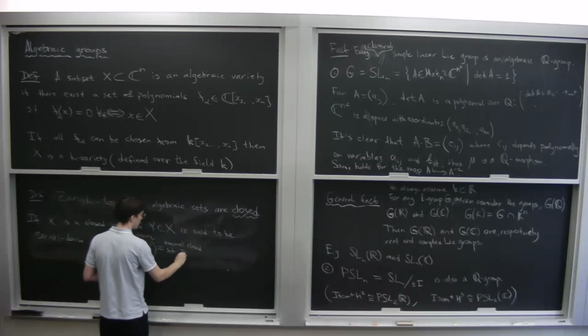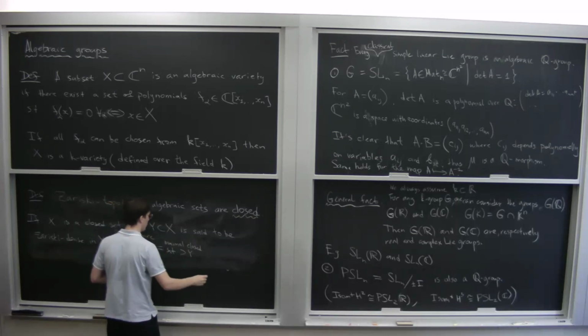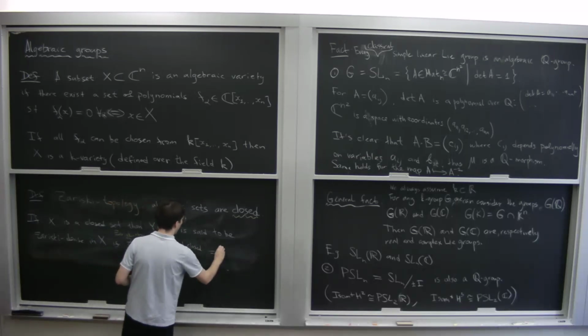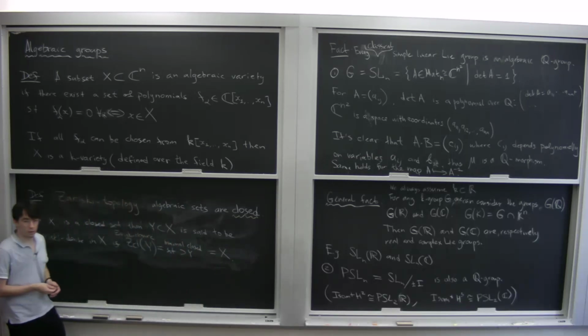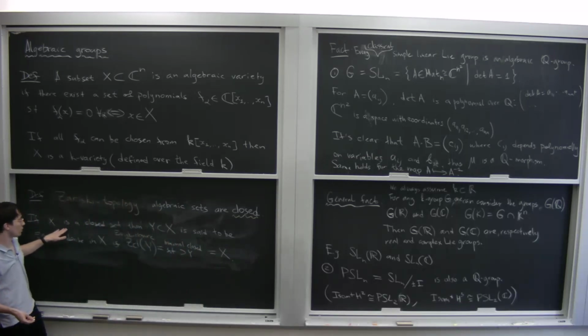Closed set containing Y is X, right? Then we say that... Just make a comment here. The Zariski topology: if algebraic sets are going to be closed in the normal Hausdorff topology, the Zariski topology instead is the smallest topology in which the algebraic sets are closed.